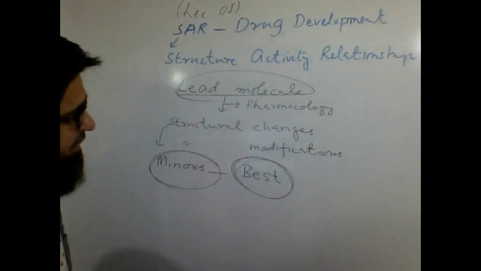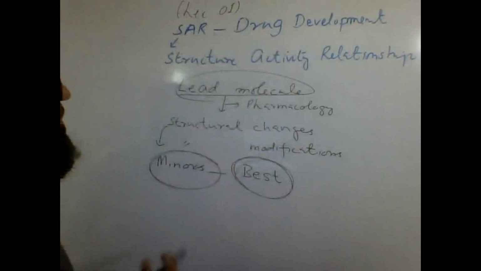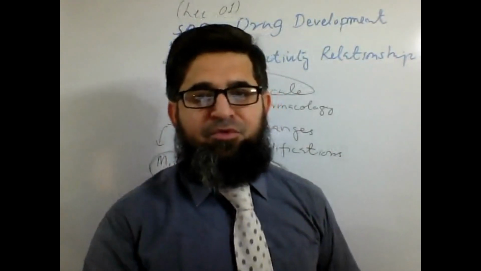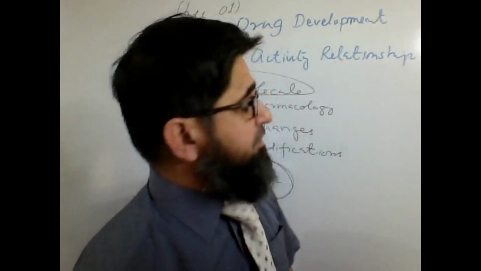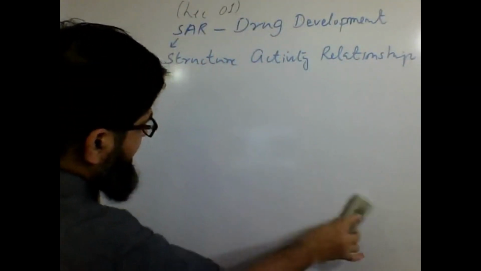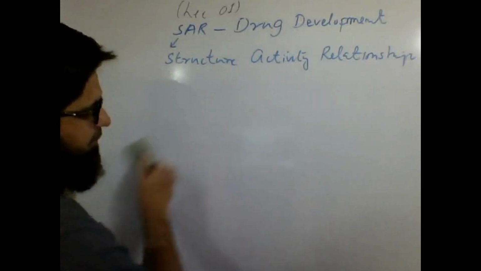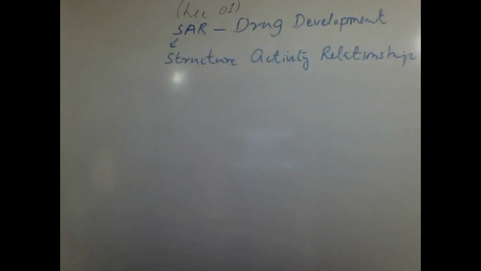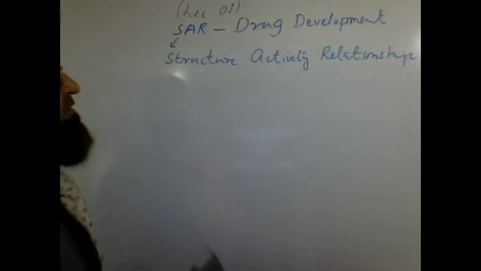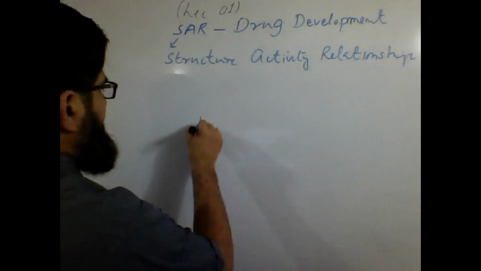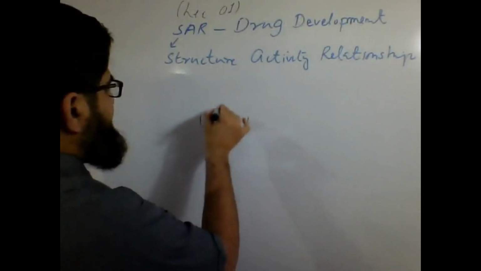So keeping that SAR drug development topic forward, I'm going to explain it again with another example of a real drug molecule that is called amphetamine. This drug has a very simple structure, so I can give a simpler explanation for you guys.